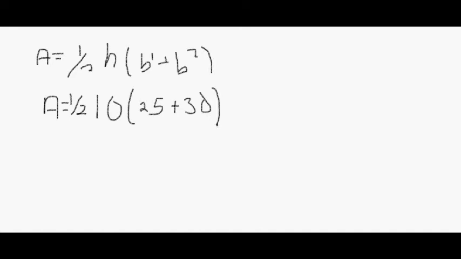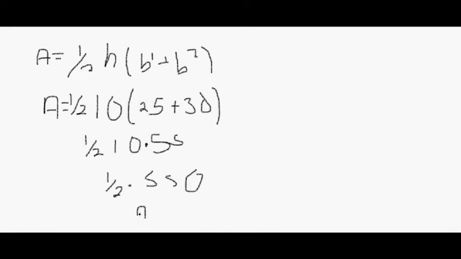So 25 plus 30 is 55, times 10 times 1/2. Now I added 30 because I forgot to add 30. 10 times 55 is 550, times 1/2. 550 divided by 2 equals 275.